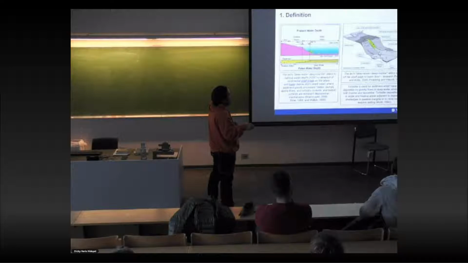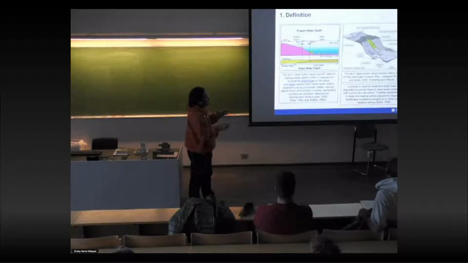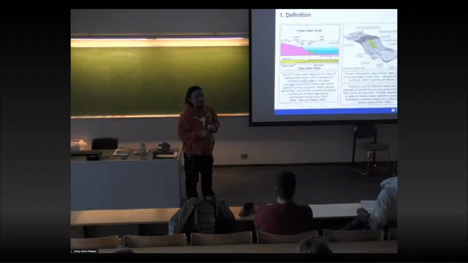So the area from the shelf edge to the basin floor. This is the shelf edge, this is the slope, and this is the basin floor. So wherever you have this configuration from the shelf edge to the basin floor, they call it deep marine.